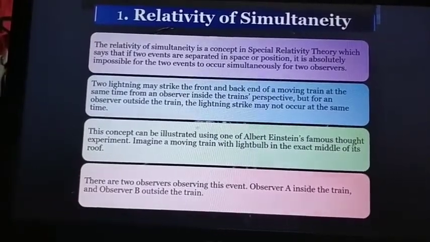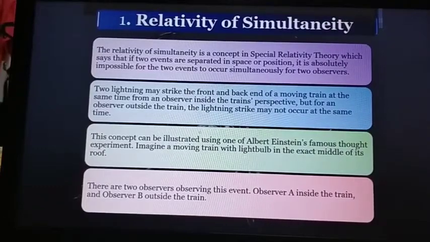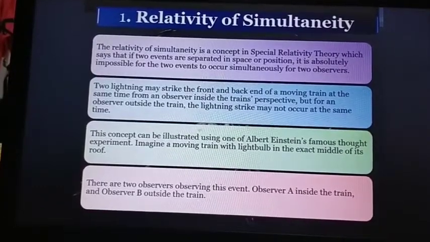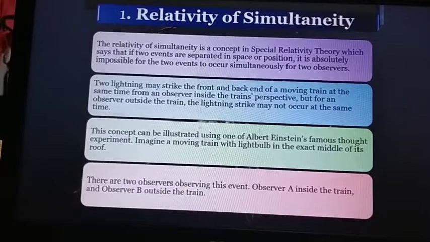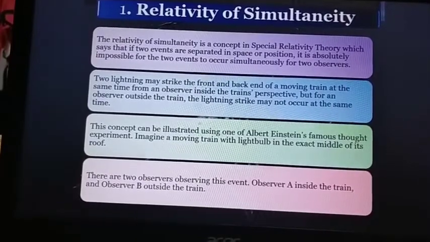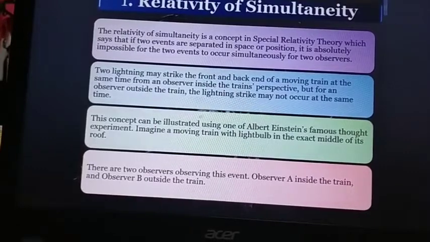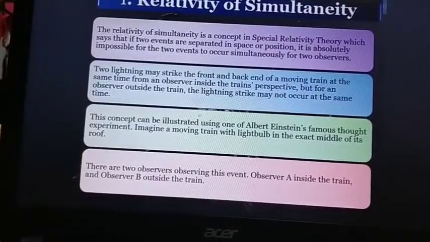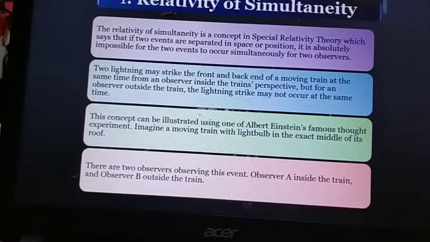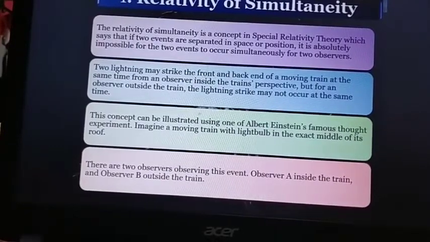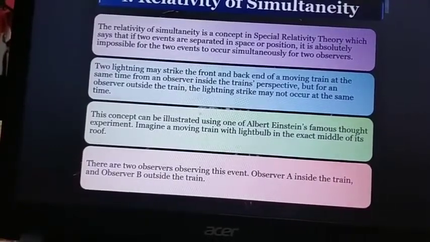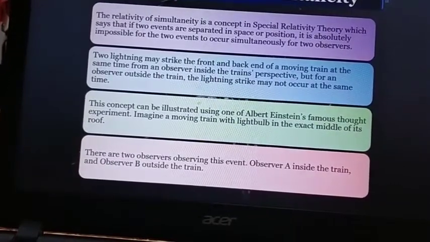Hindi daw pwede, sabi ni Albert Einstein, na yung dalawang event, dalawang event magkahiwalay, magkaiba ng space or position. Sabi niya, it is impossible for two events to occur simultaneously for two observers.